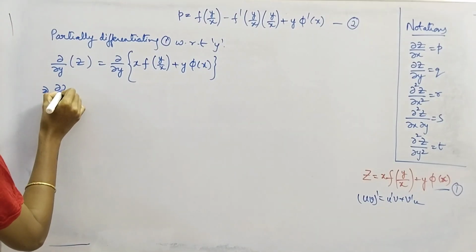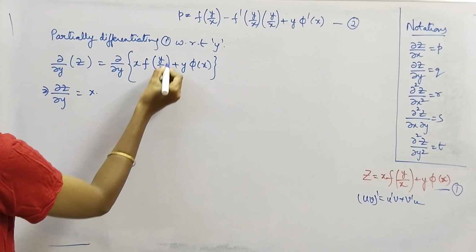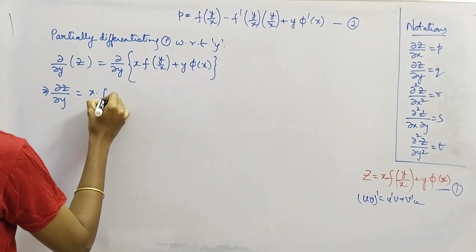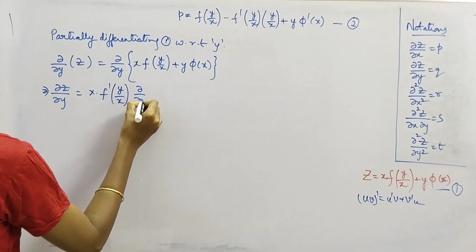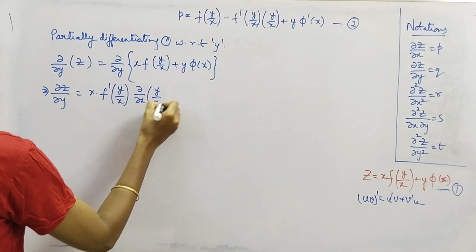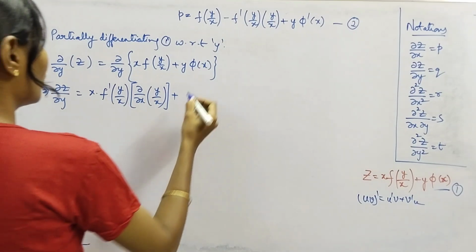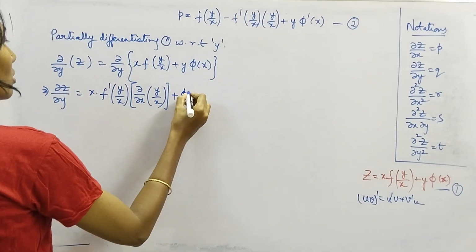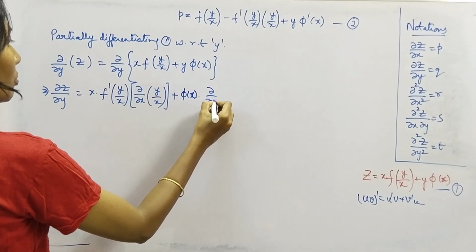This gives us dou z by dou y equal to the constant x into the partial derivative of f of y by x, which is f dash of y by x into the inner derivative dou by dou y of y by x, plus here phi of x is treated as constant into the partial derivative of y with respect to y.